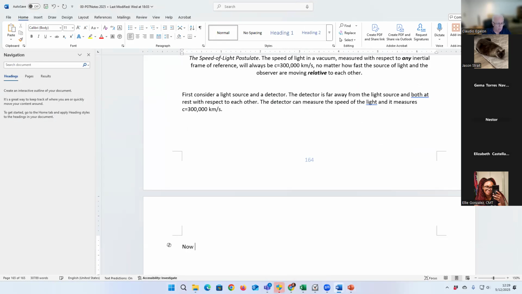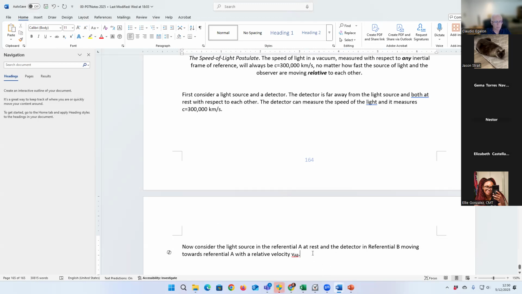So now consider the laser, the light source, in the referential A at rest, and the detector in referential B moving towards referential A with a relative velocity of A with respect to B. Doesn't matter what the value of this is.